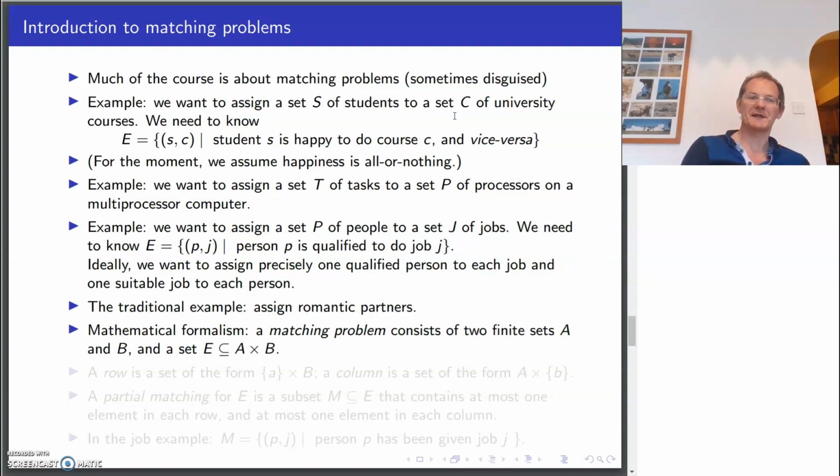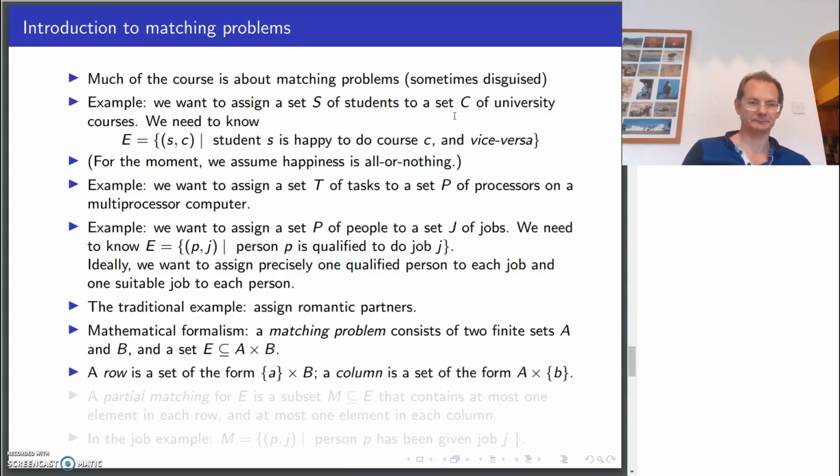We've got two finite sets, A and B. A could be a set of students, B could be a set of courses; A could be a set of tasks, B could be a set of processors; A could be a set of people, B could be a set of jobs, whatever. And we think about drawing these things in a kind of table. You put the labels from A downwards from top to bottom on the left, and you put the labels from B from left to right across the top.